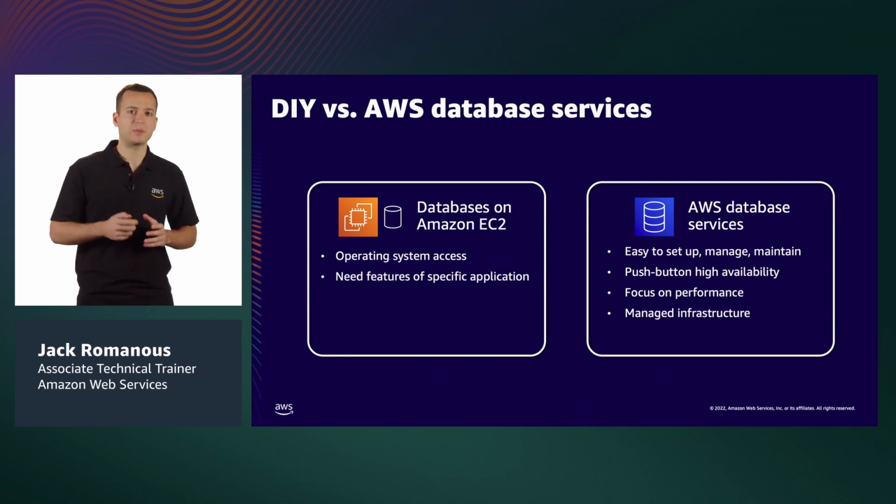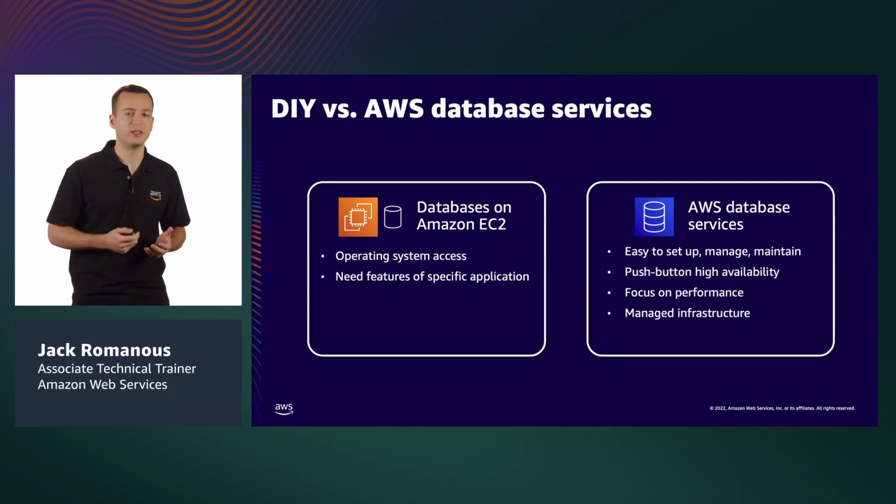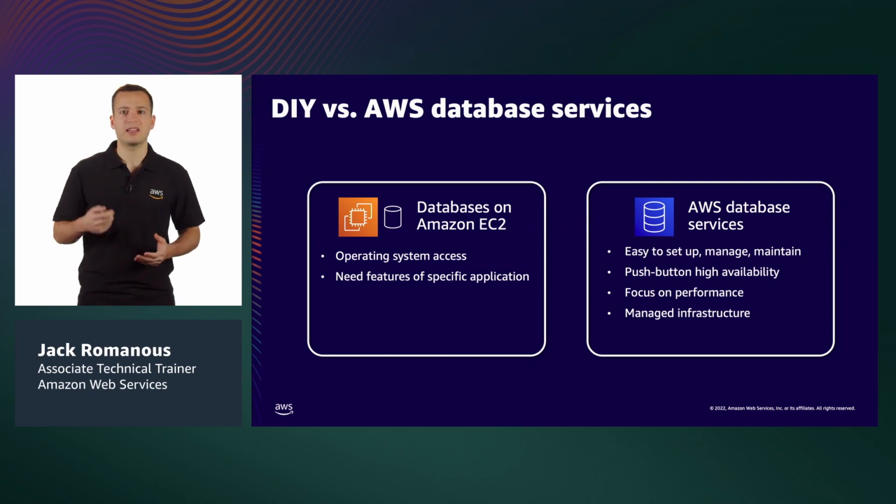However, if you go down this path, you must manage the high availability and fault tolerance, the database backups, primary, secondary replication, operating system, and database engine patches. The administration tasks are quite extensive. Running a database on EC2 is an example of using an unmanaged service.